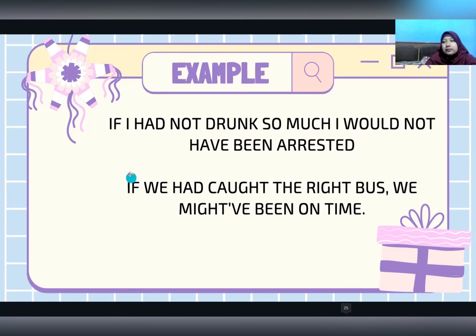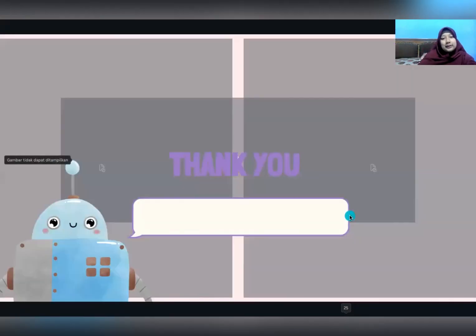The next example: if we had taken the right path, we might have been on time. This is the if clause in the past, and this is the main clause. That is my discussion about English tenses, from simple present tense to conditional sentence type 1, type 2, and type 3.